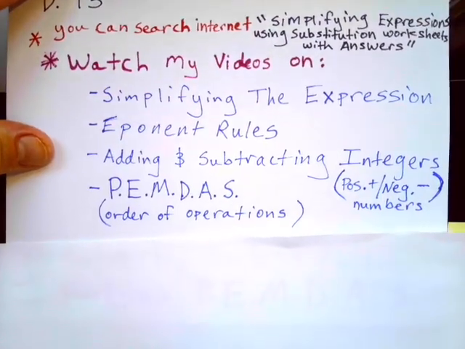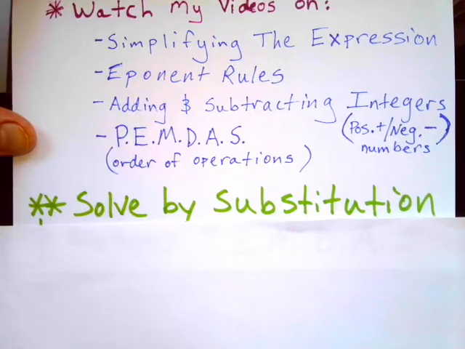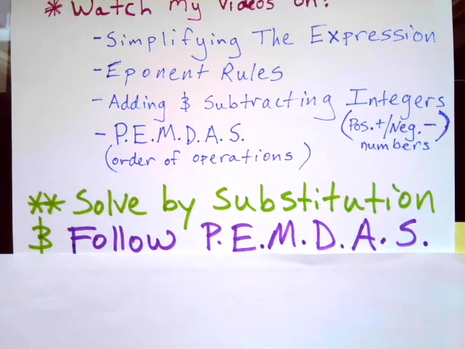So it's super important. All right, so we will solve this particular problem by substitution following PEMDAS. Again, that's the order of operations. Please excuse my dear Aunt Sally. There's a way to remember the order of operations if you're struggling.